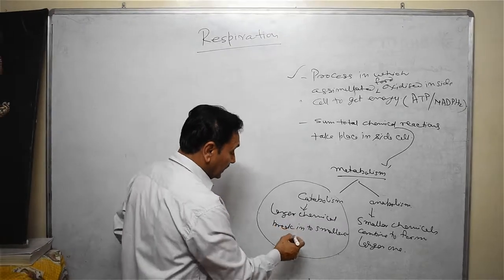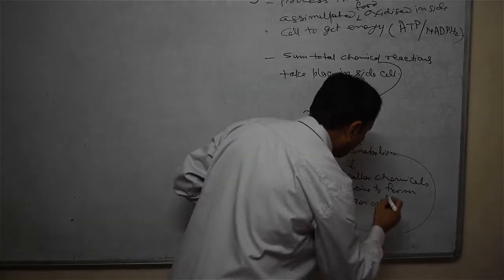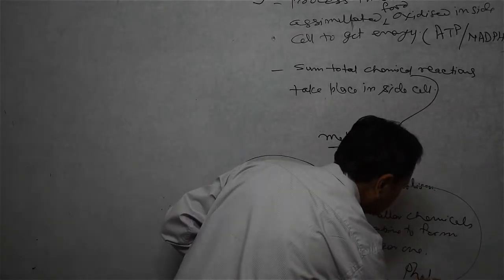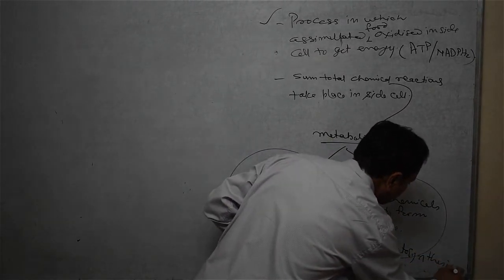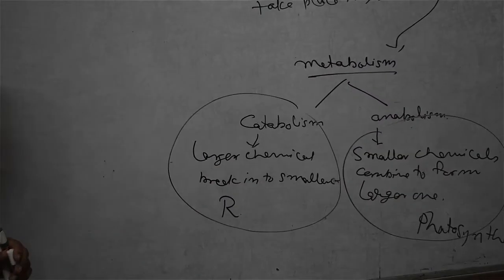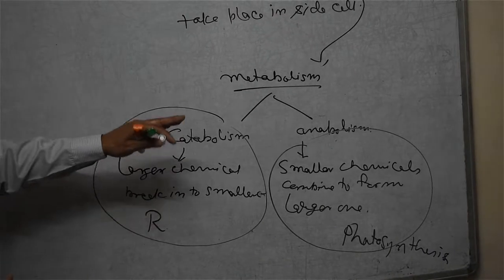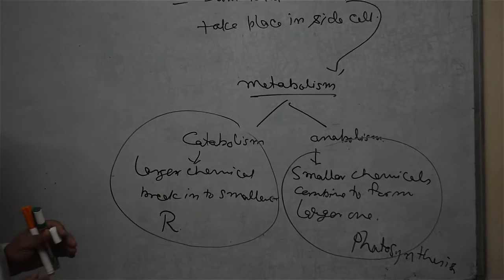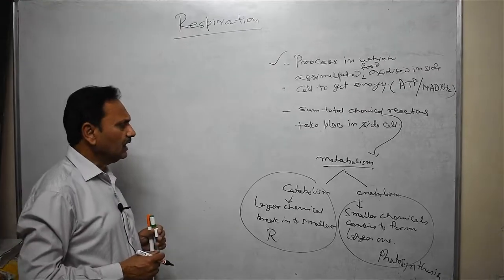The example of catabolism is respiration, and the example of anabolism is mainly photosynthesis. Or inside human beings or other animals, protein synthesis, fat formation or nucleic acid formation are also anabolic reactions.